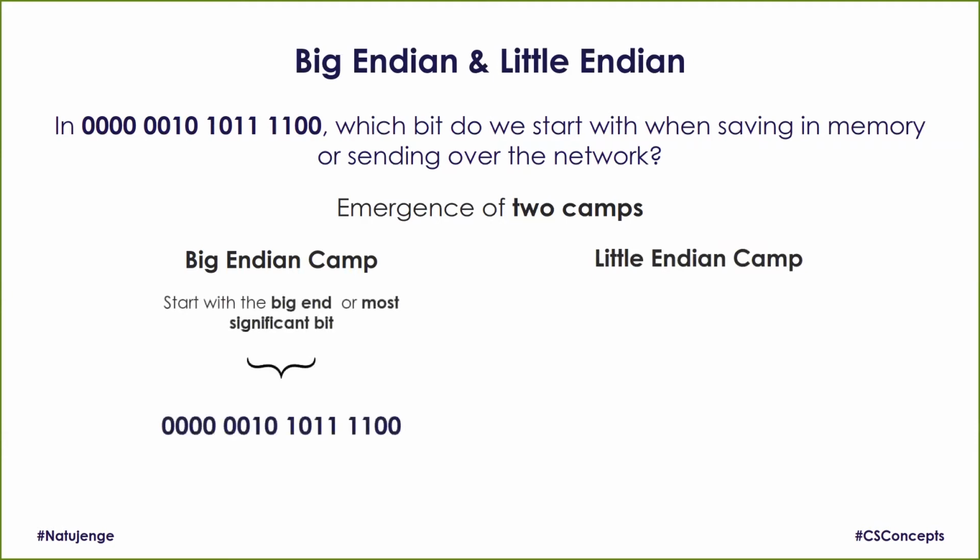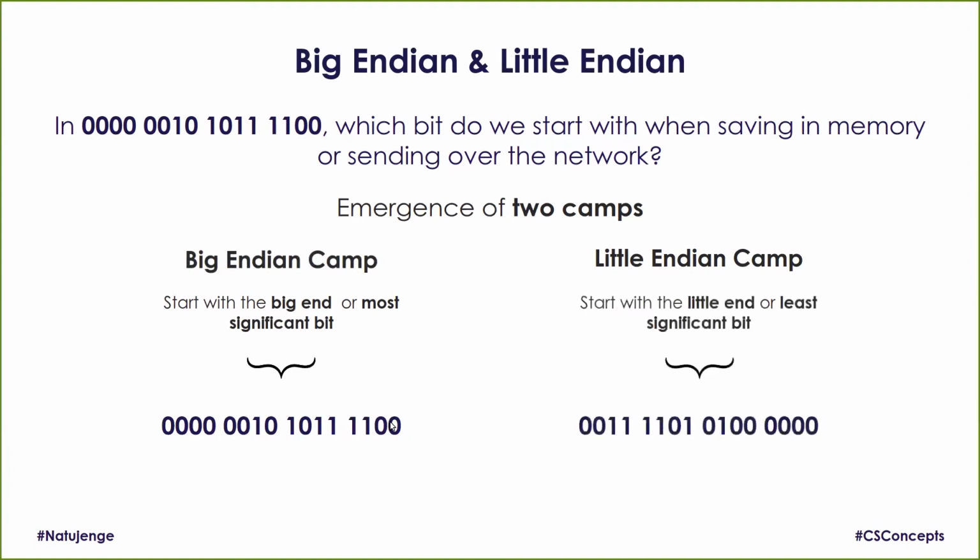The Big Endian camp believes that you start with the big end, or you start with the most significant bit. So you send the data starting from the left going to the right, meaning starting from the big end going to the small or the little end.